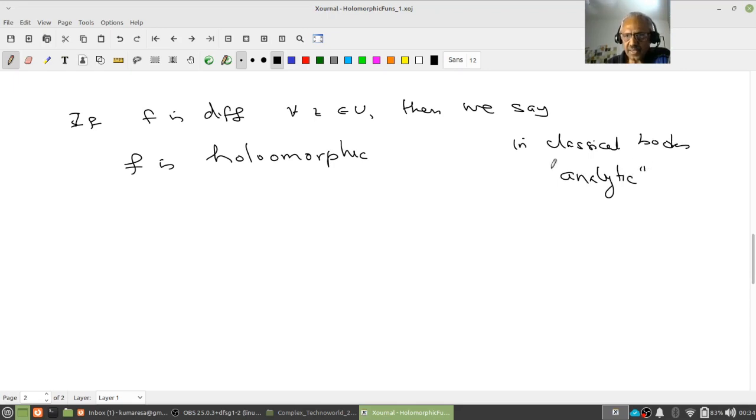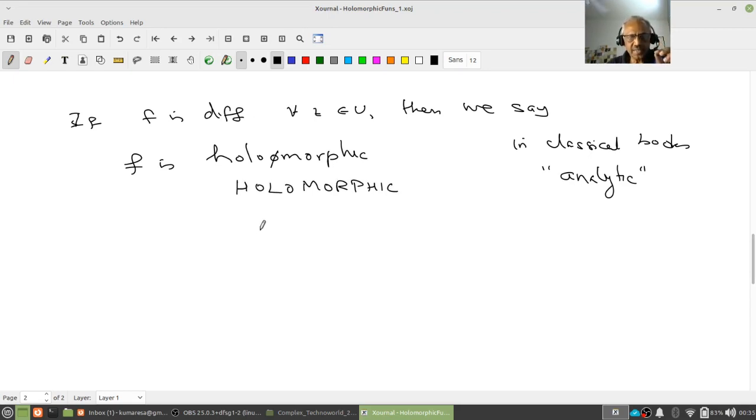In modern analysis, the word analytic function has a separate, different meaning. That's why I avoid that word. In fact, all modern mathematicians will try to say holomorphic rather than analytic. So it simply means holomorphic. It simply means differentiable on an open set.